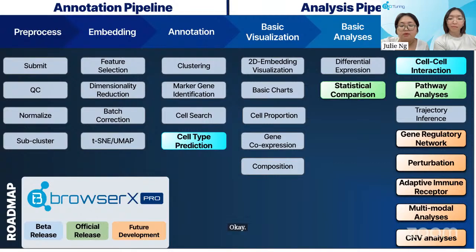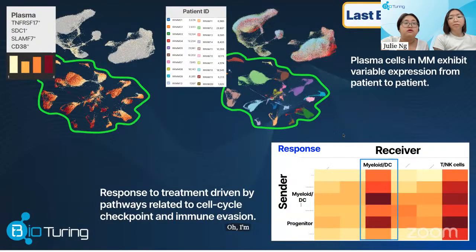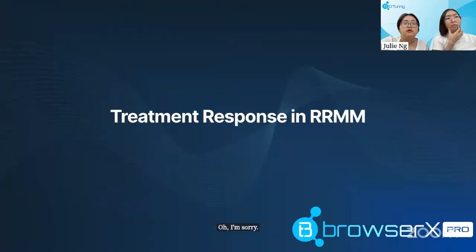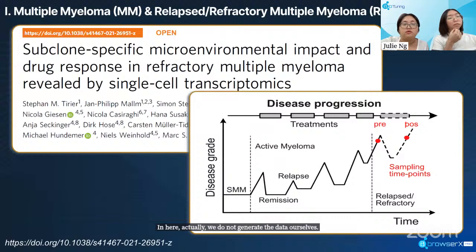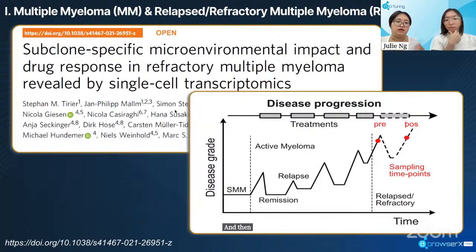We also have another question from Yang about the generation of the data. Actually, we do not generate the data ourselves. This is an actual publicly available dataset, and we can get the dataset from this paper and bring it back.